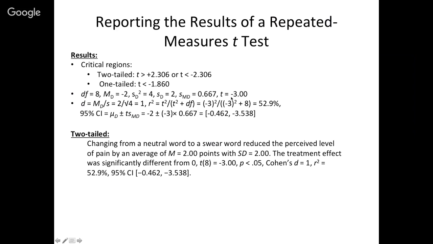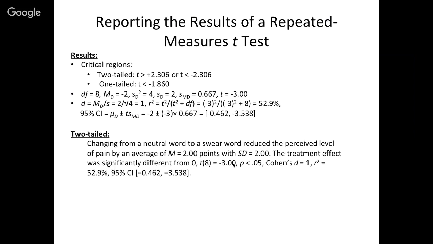So for a two-tailed test, the p value here is the probability we can obtain a t value greater than or smaller than this negative t.